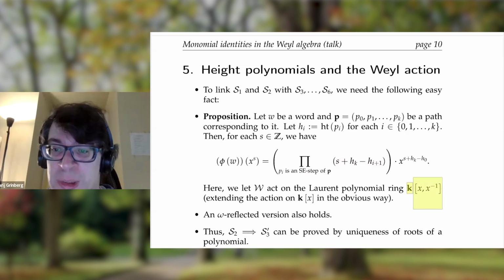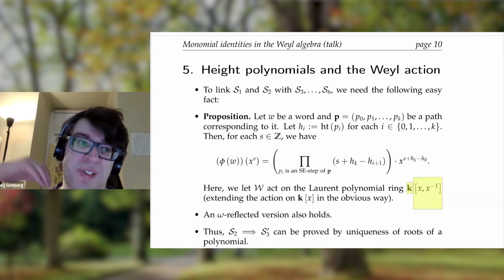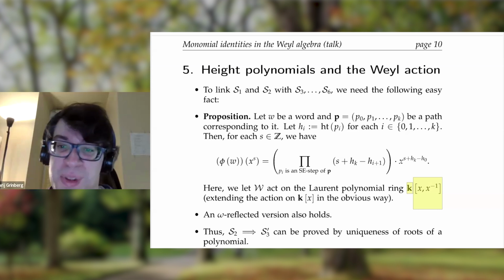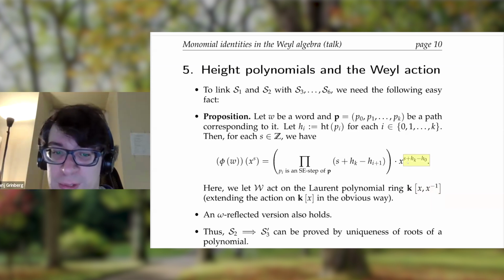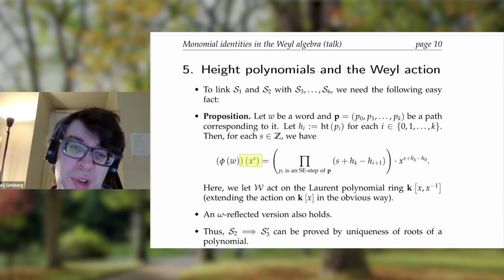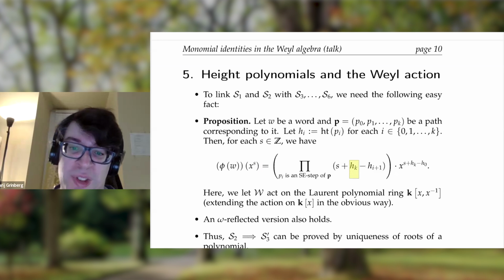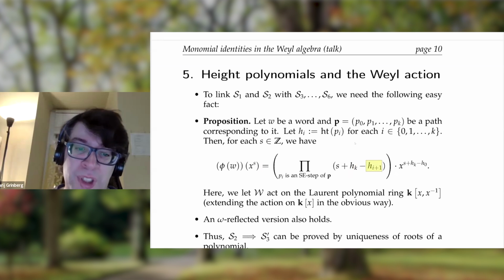Actually, it's a little bit nicer to act on the Laurent polynomial rings, just because you don't have to deal with negative powers. Sometimes the powers will go negative. And this formula tells you that if two words have the same action on each monomial, then those prefactors will be the same. And by applying this to arbitrary s, you can get some insight about the heights of the points on the path.